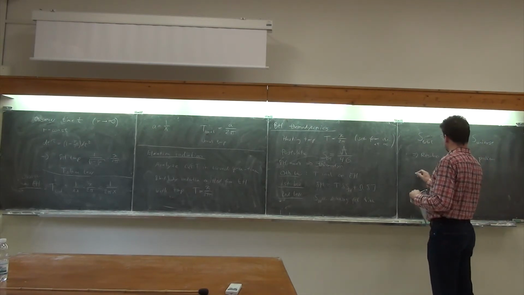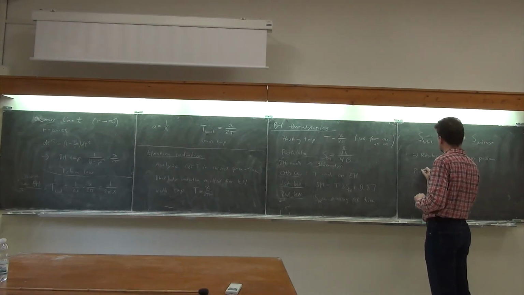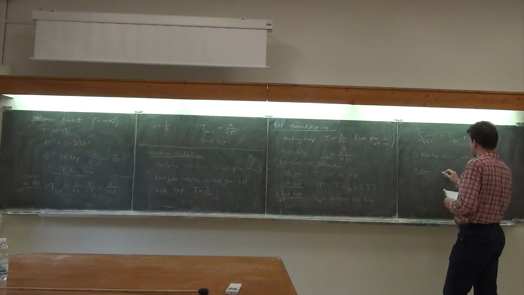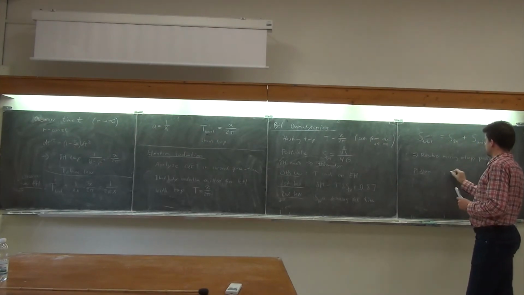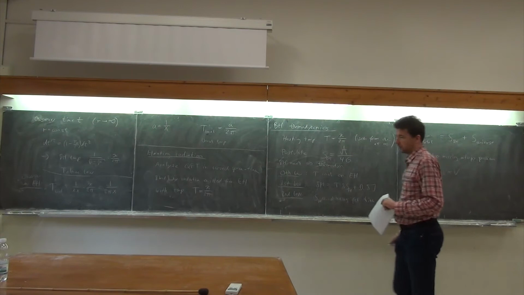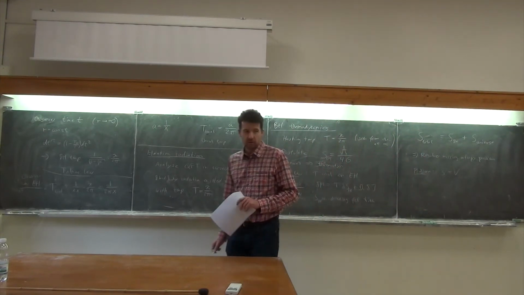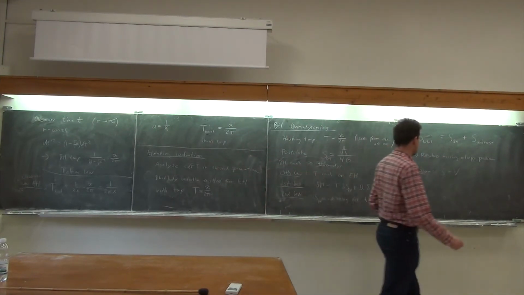Of course, there's a problem with this. There are many problems, but one other problem is that normally you would say the entropy should scale like the volume, right? Because it's an extensive quantity.